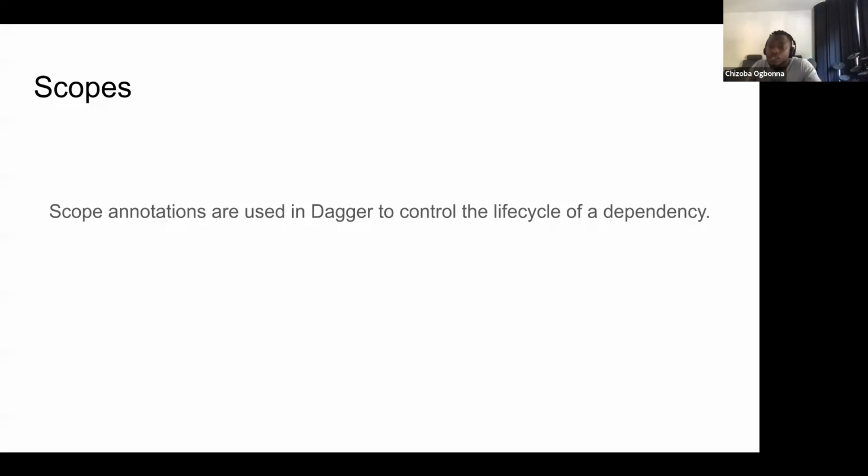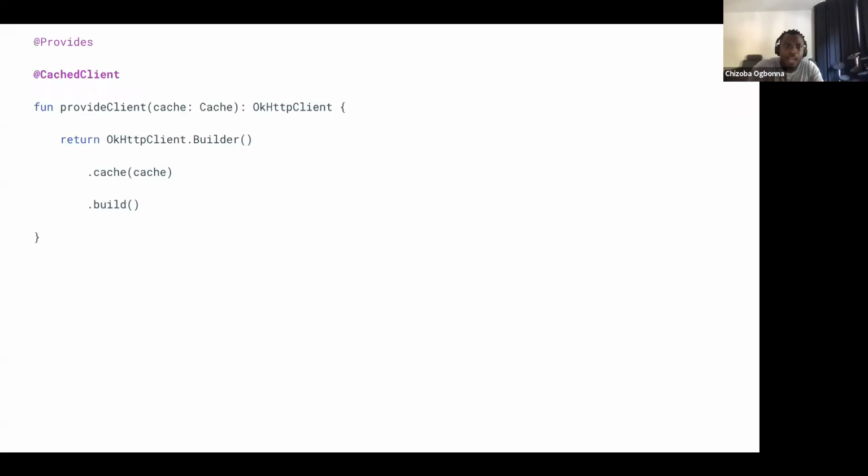So if that thing is expensive to create, of course you don't want to be creating it every time. An unscoped dependency, like we've been seeing so far, for example this OkHttp client, has no scope. It means every time someone says @Inject, give me OkHttp client, a new one is always going to be constructed.